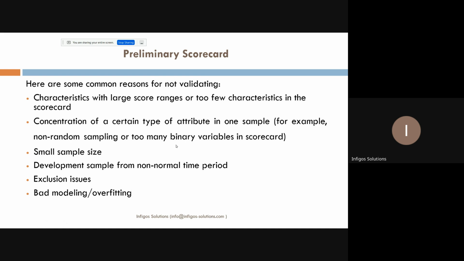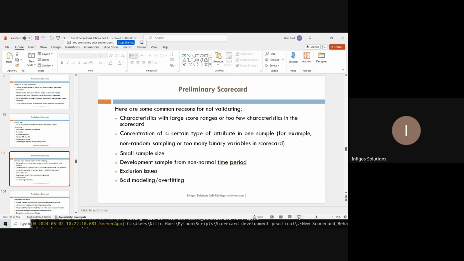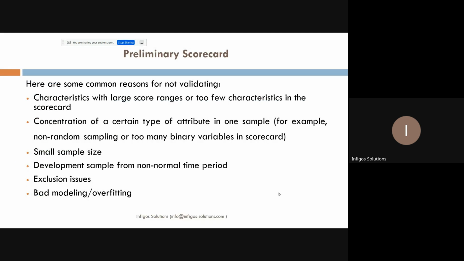There are times when a scorecard does not validate. There are a couple of reasons for that. One reason could be that you have very few variables in the model. Another is that there is a concentration of a certain type of attribute in the sample.